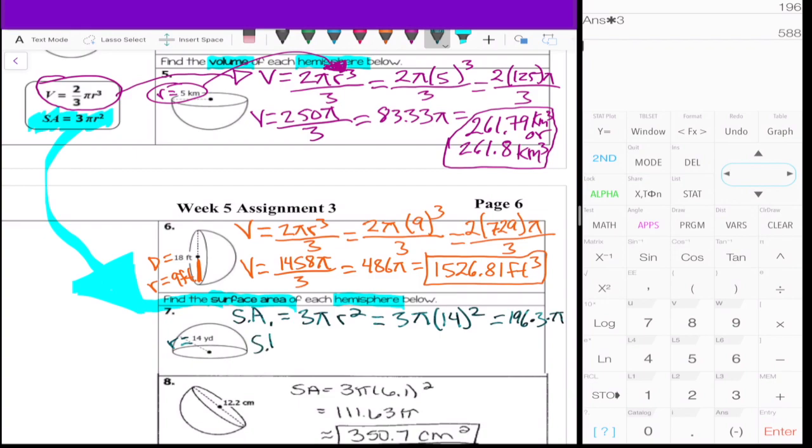Doesn't really matter when it's multiplying. Alright, surface area equals, what's 196 times 3? It's 588, and I still have pi there. So now multiply by pi, and then I'm going to get 1847.26, and call it a day, right? But remember, our units is yard squared. Yard squared.